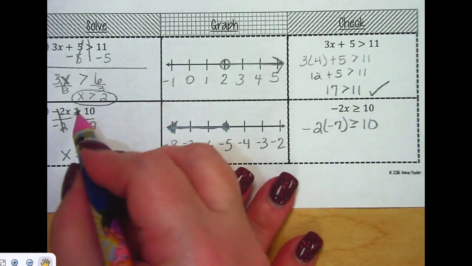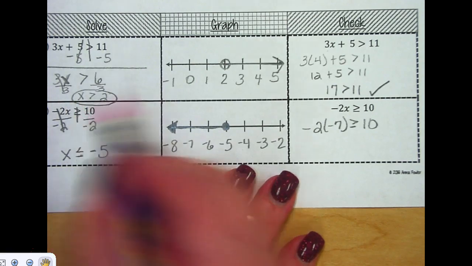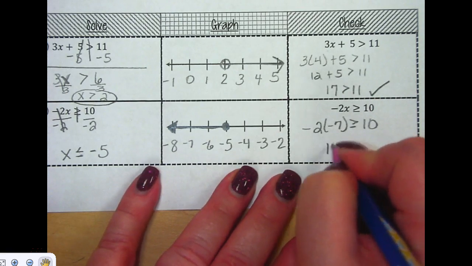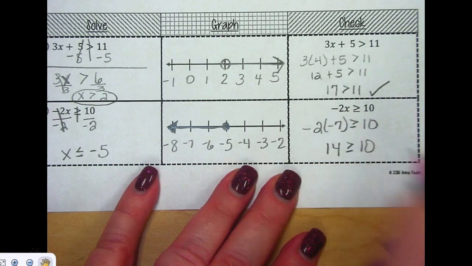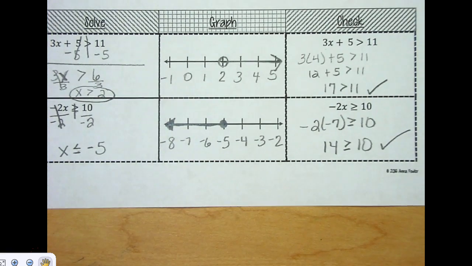So go back to the original problem. Don't keep this sign flipped. So negative 2 times negative 7 is 14. And is 14 greater than or equal to 10? Yes. True statement. Boom. That's correct.